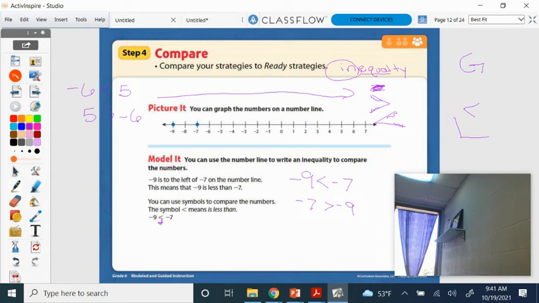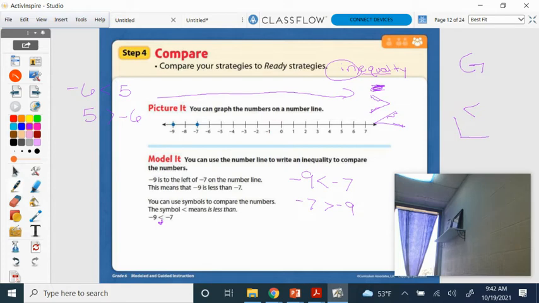I said first you make the number line. Then you have to evenly cut it into pieces.